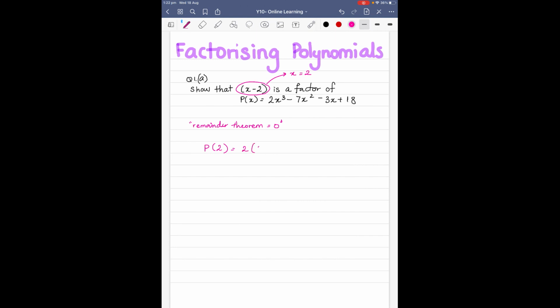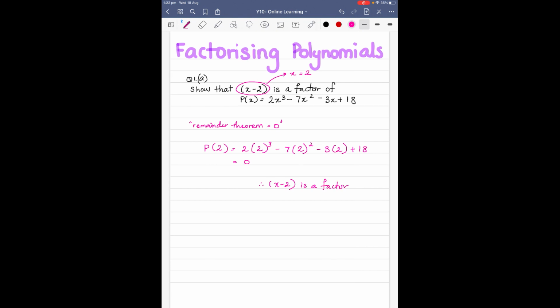Make sure you put brackets when you are substituting. 2 times 2 cubed minus 7 times 2 squared minus 3 times 2 plus 18. Now, if you put that all into your calculator, you should end up with 0, which means there is no remainder. That means x minus 2 is a factor. So you say, therefore, x minus 2 is a factor.